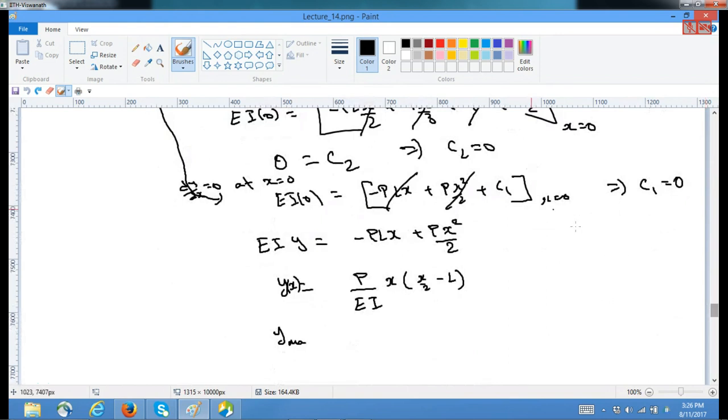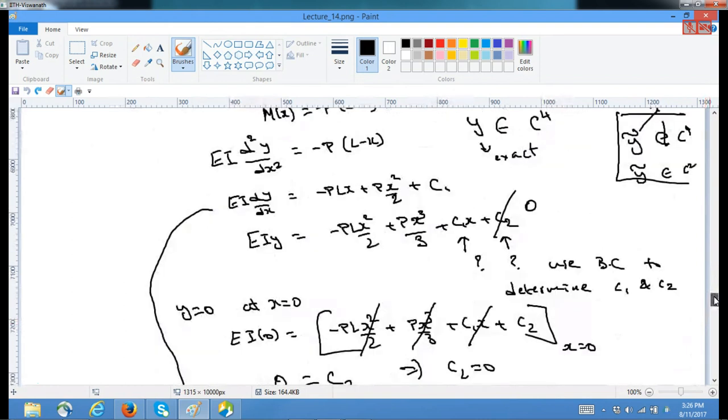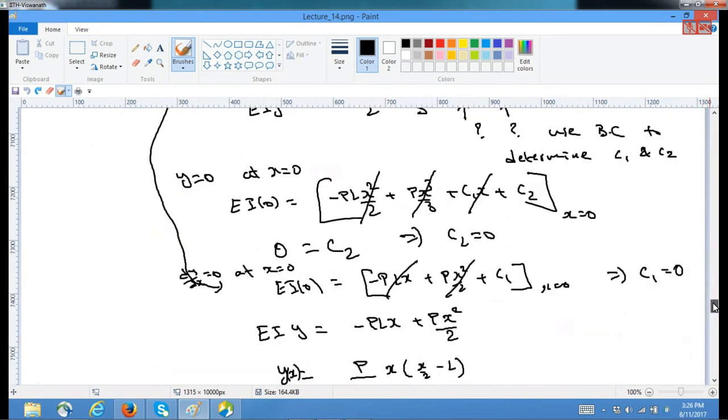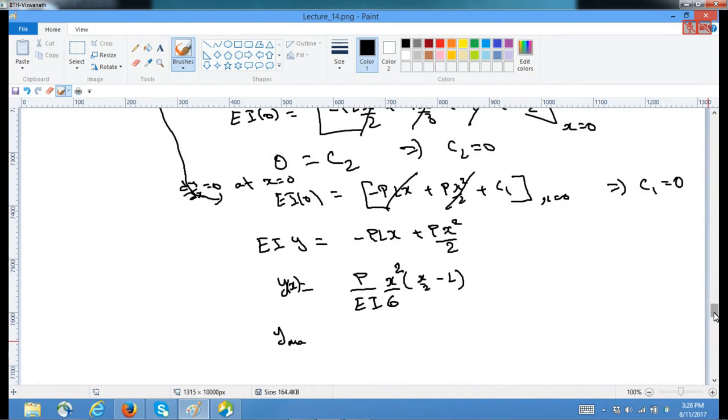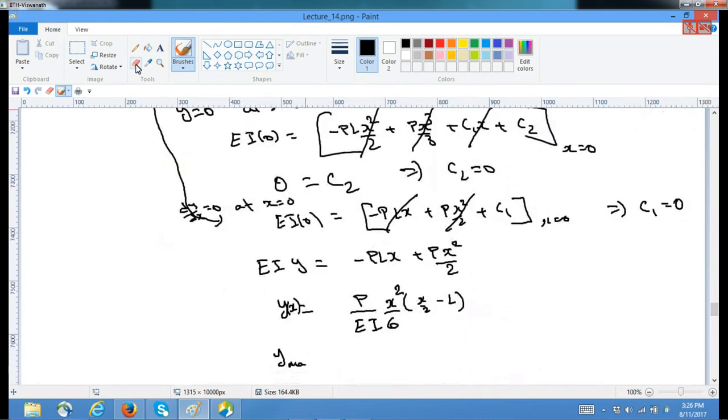So if I take x square common and 6 common, this should become y equals P x square by 6EI into 2x minus 3L.